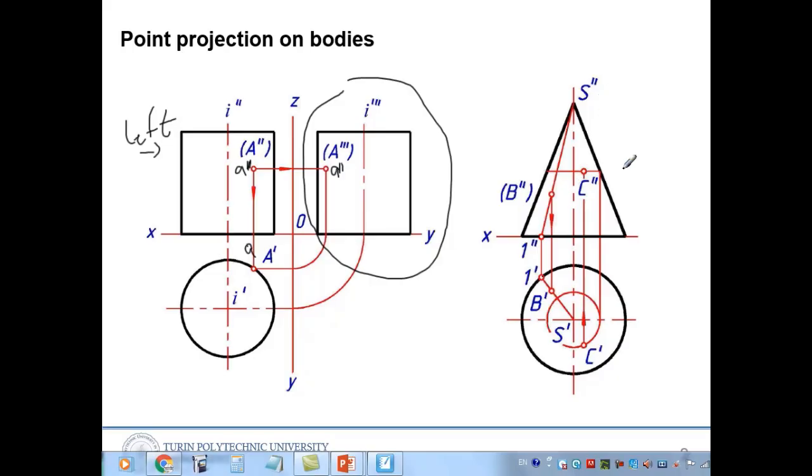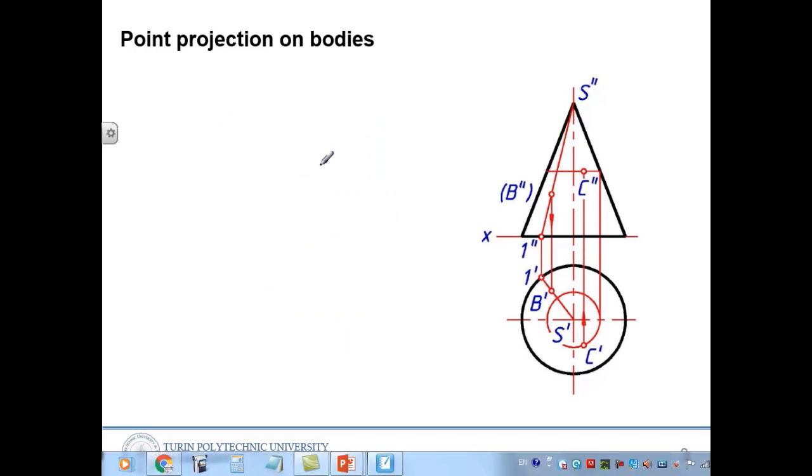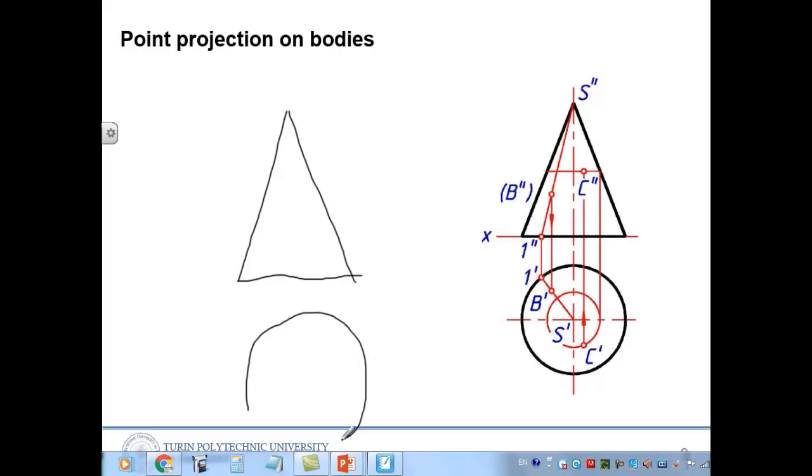So here is the way of finding these points B and C, how to find them. Here a cone is given, and here the top view, and point B is given somewhere here, the B dash point at the center line.